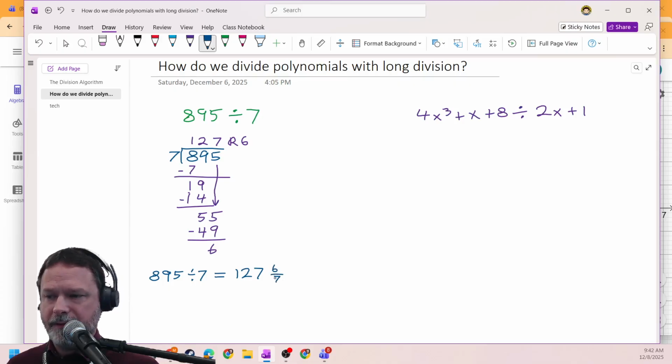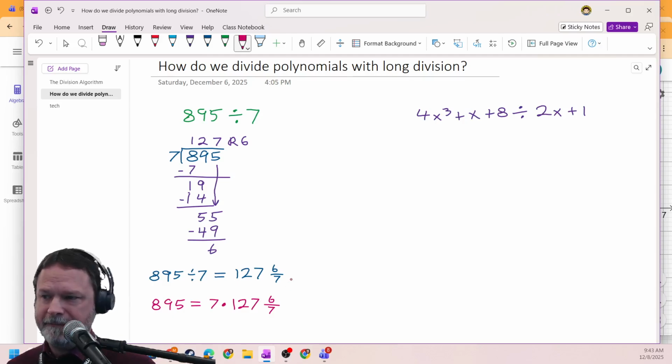That would work also. And another thing we could do is say 895 equals 7 times 127 and 6/7. It means the same thing, right?